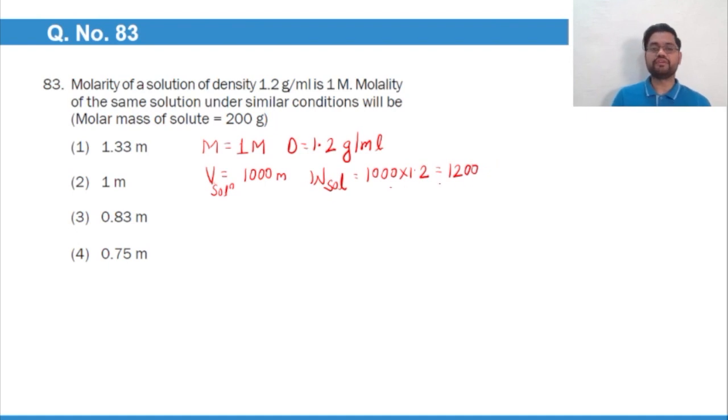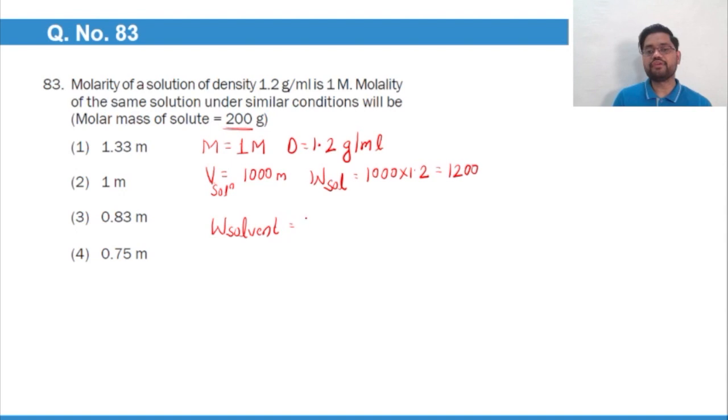So this is the weight of solution, right? Mass of solute is given to us. We have volume of solution, and if I take the solution as water, can I say the solvent volume is what? 1000 ml. So weight of solvent will be what?